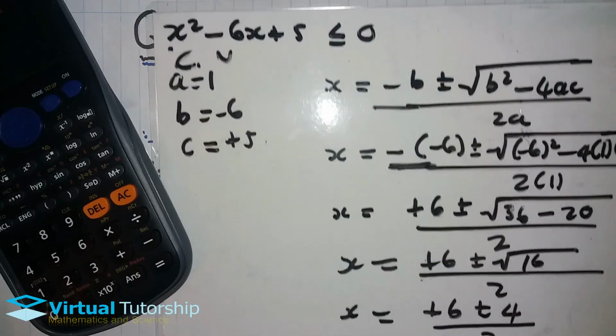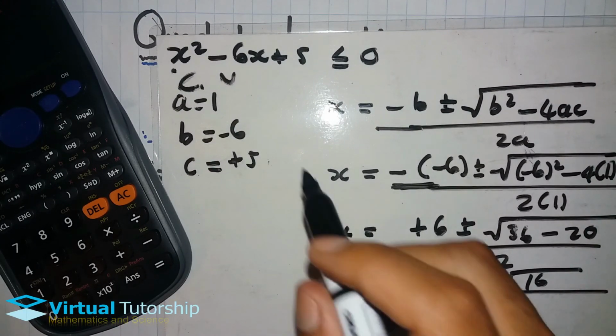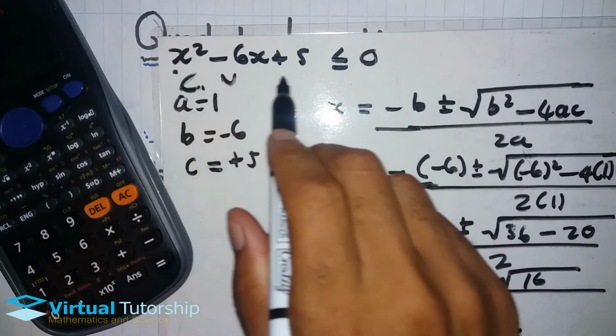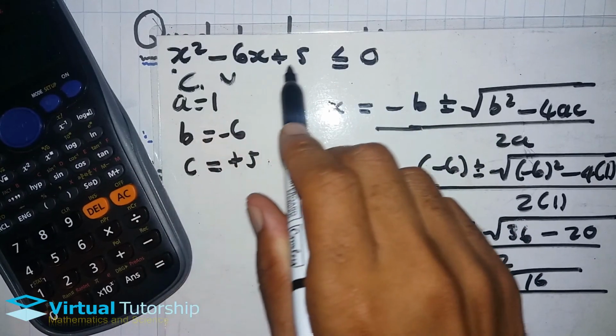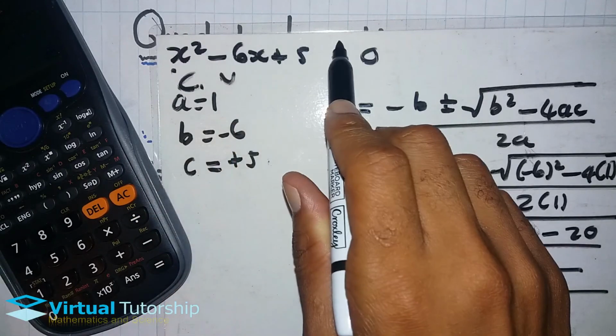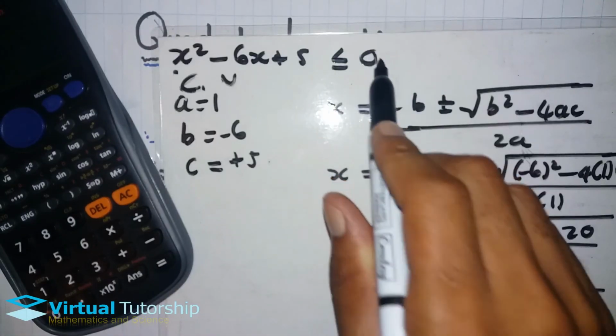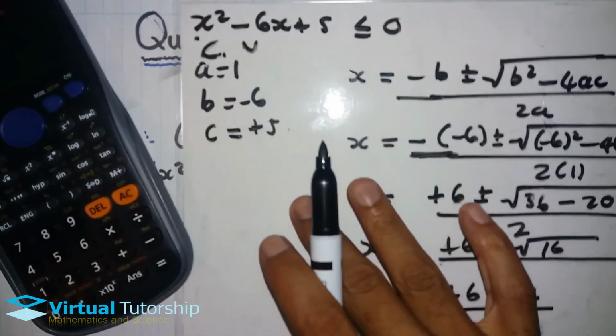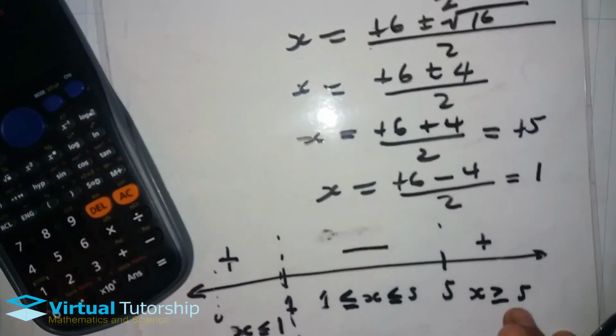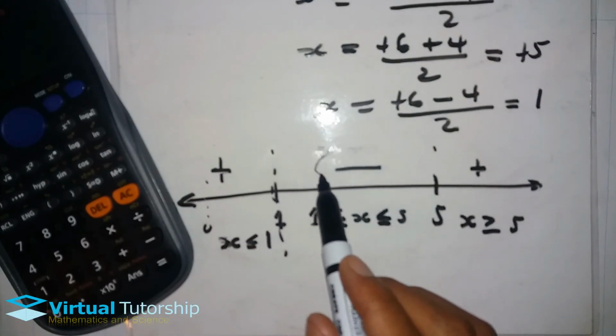So let's go back to the equation. In this equation we see that we want the values of x that make this expression less than or equal to 0. So a value that's less than 0, it's a negative number. So where do we find a negative solution?